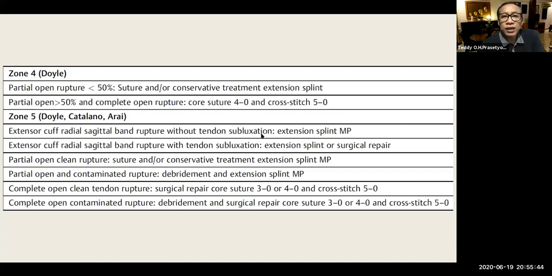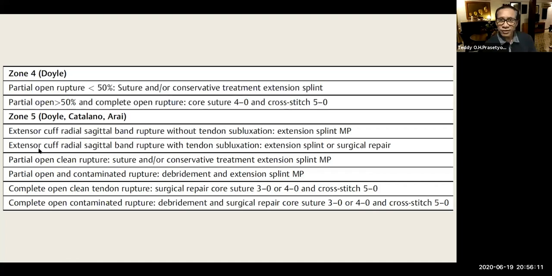You still remember what structure maintained the position of the central slip to be central? Correct, the sagittal band. So when the sagittal band is involved in the rupture, but the central slip does not shift into the contralateral side, then you could rely on the conservative treatment.